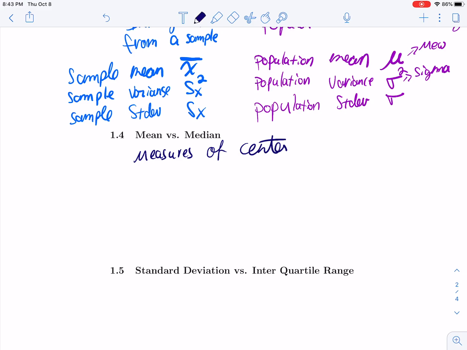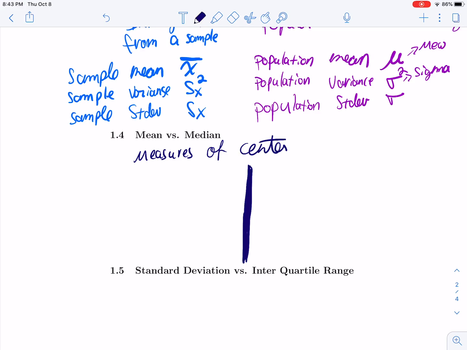But they have their pros and cons. If the data has no outliers, the mean tends to be better. Or if the data set is fairly large with limited outliers, the mean is better. If the data set is small, the median is a better description of center.